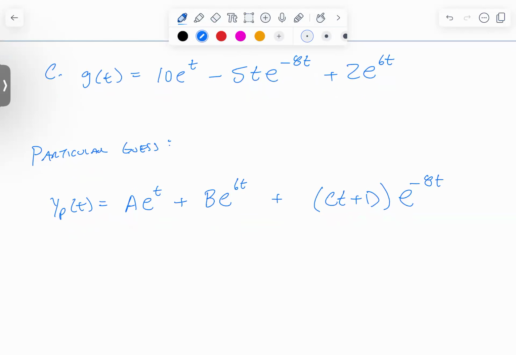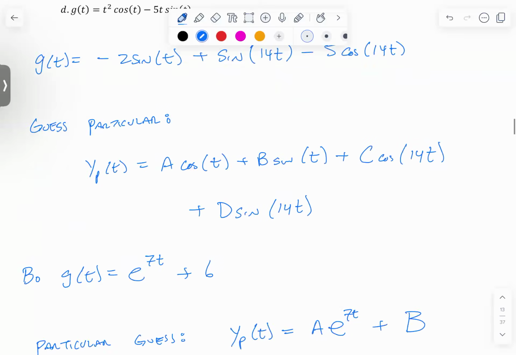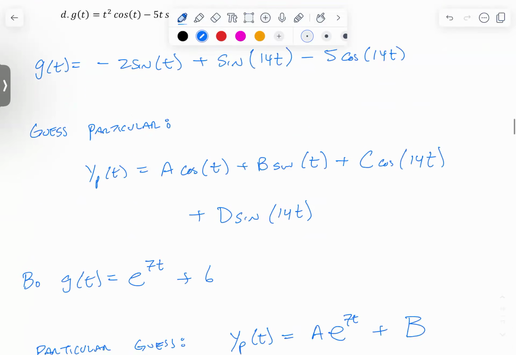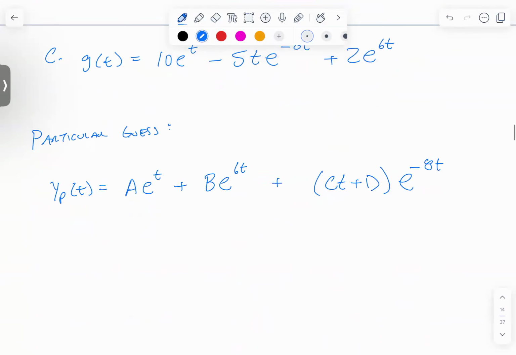And that's it. I wanted to change it because if you noticed, it already had e to the negative 8t. Sometimes people just accidentally put that in and it would be correct accidentally. I want to make sure that we constantly remember we have to account for all powers down to 0 of the polynomial.